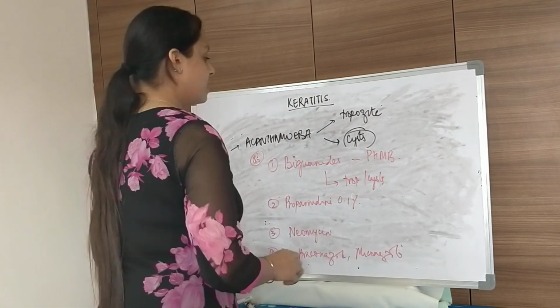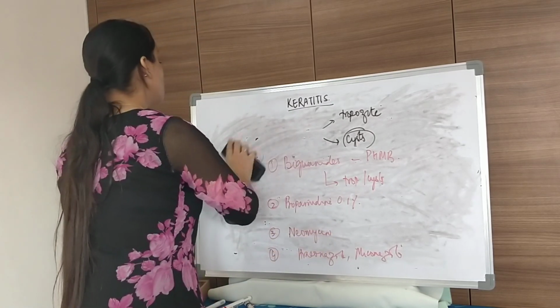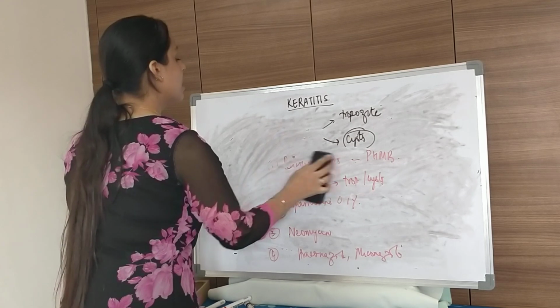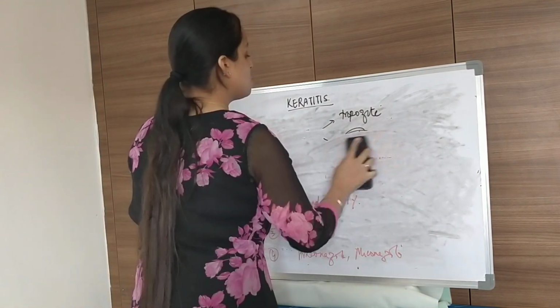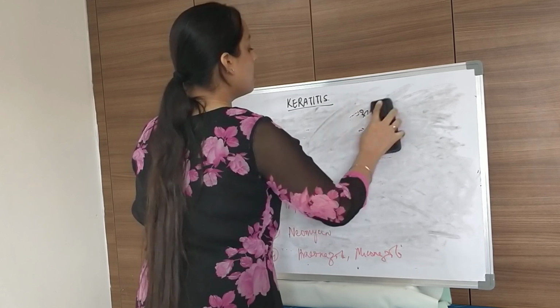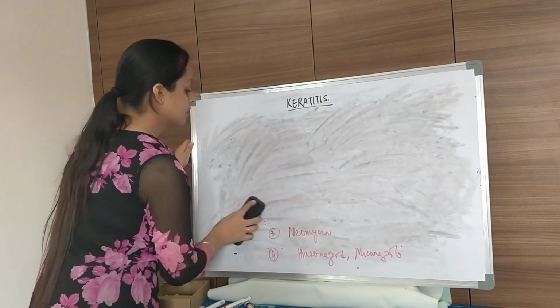This Acanthamoeba keratitis takes very long to heal, so you have to give prolonged treatment, which might be as long as 6 months, to treat this Acanthamoeba keratitis.